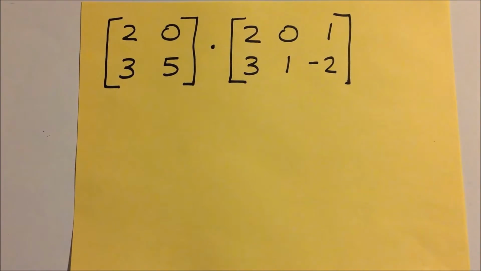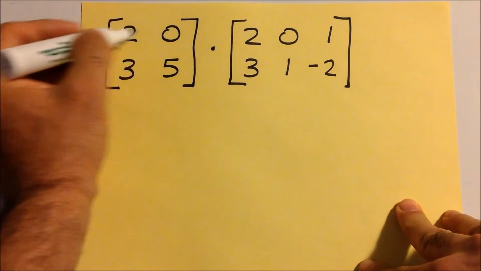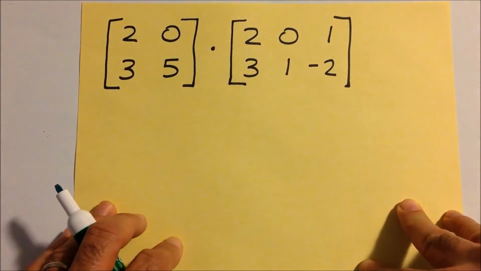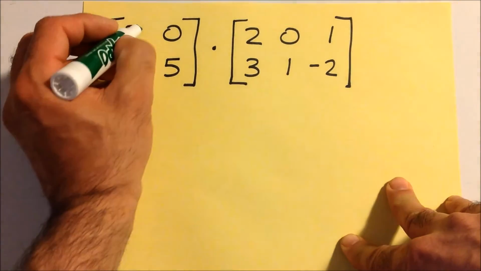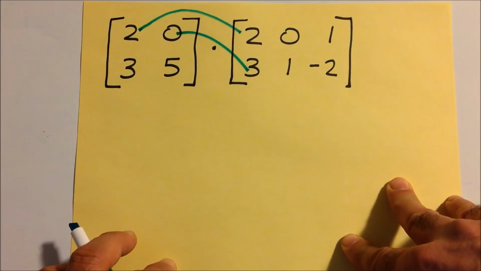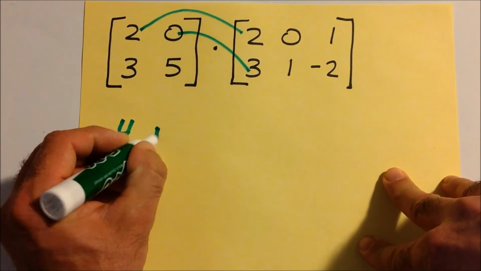So what we want to do is multiply the first row with the first column. First row, first column. So it's going to be 2 times 2 and 0 times 3. So 2 times 2 is 4, and 0 times 3 is 0.